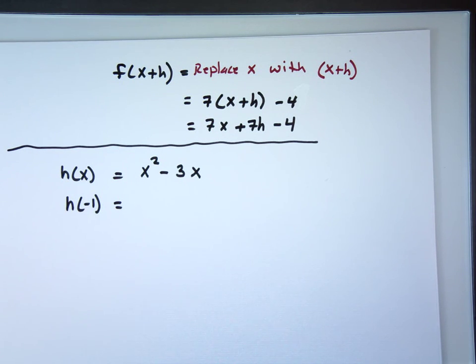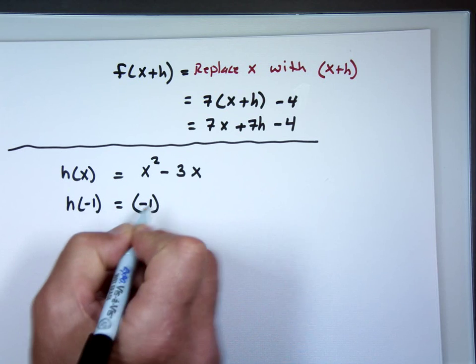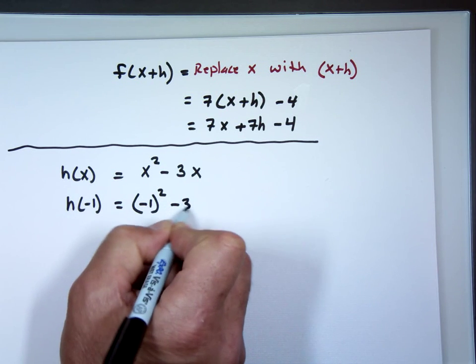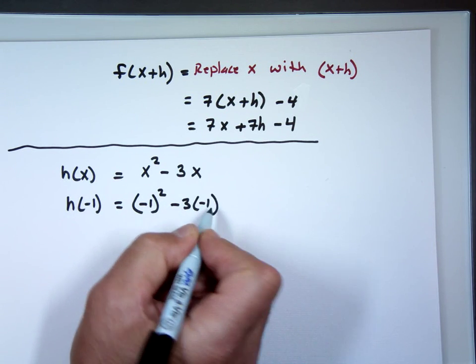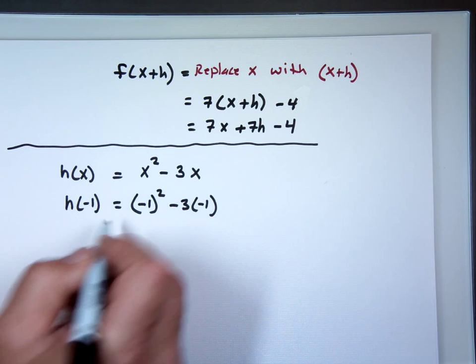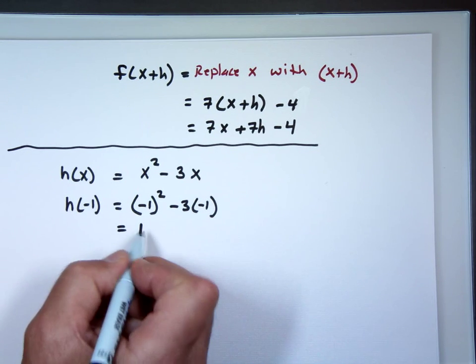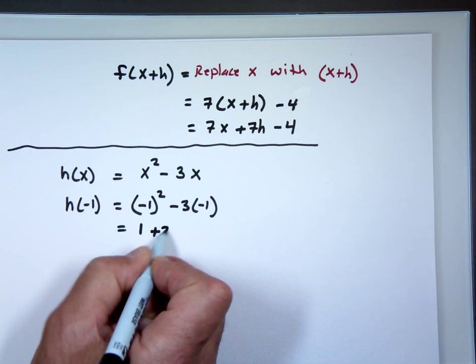Replace x with what? Negative 1. Negative 1 squared is 1. Minus 3 times a minus 1, that's what? Positive 3. That gives me a 4.